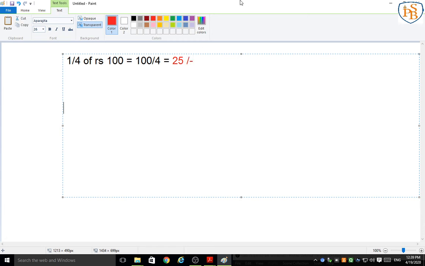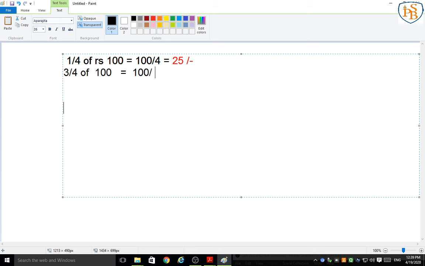Like that, what are they asking? He spent a 3/4 part on prawns. So what is the value of prawns? Prawns means from the 100 we have to find the 3/4. 1/4 we got already. It's 25.